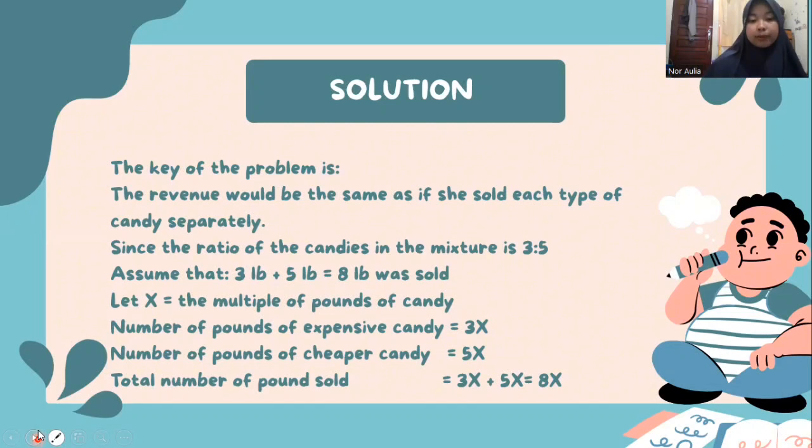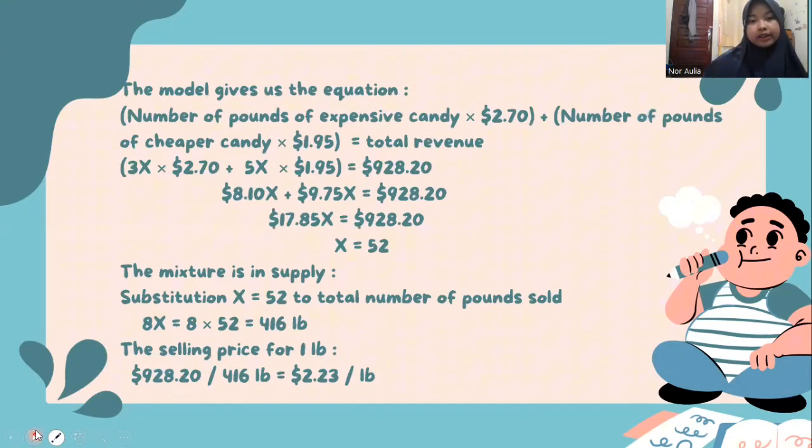The total number of pounds sold equals 3x plus 5x equals 8x. The model gives us the equation: pounds of expensive candy times $2.70 plus pounds of cheaper candy times $1.95 equals total revenue.